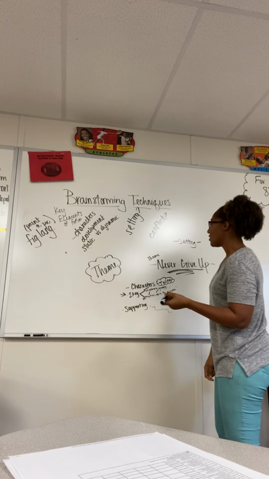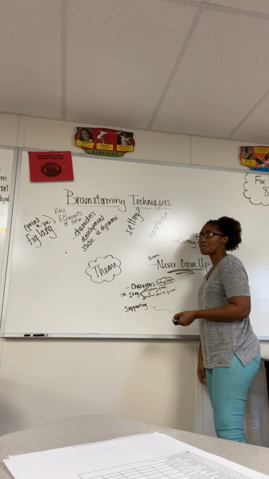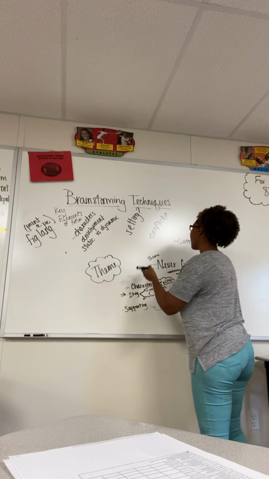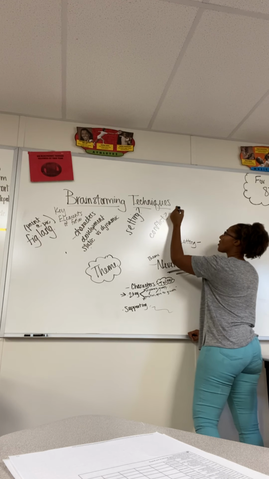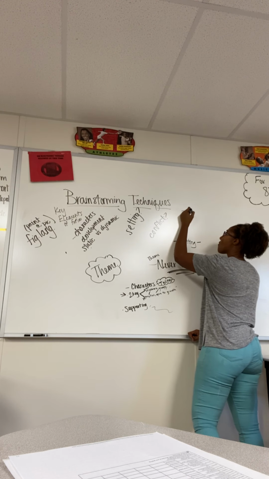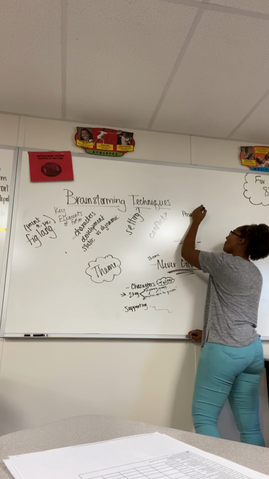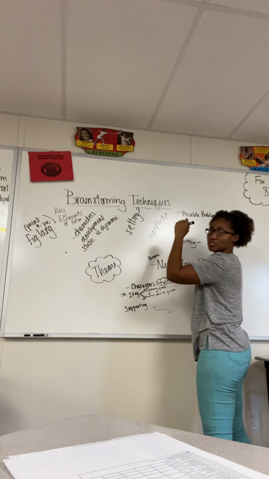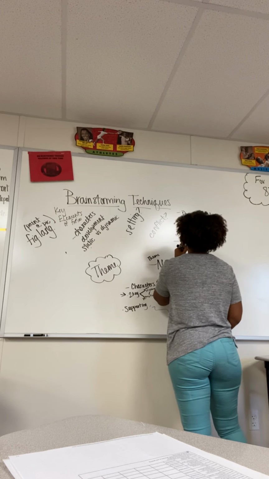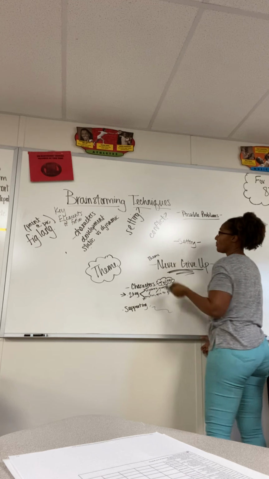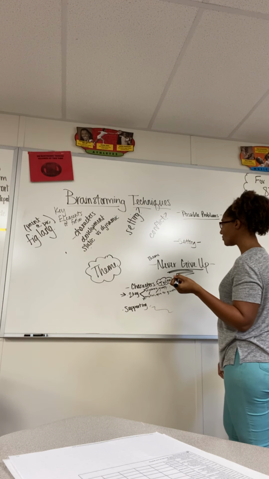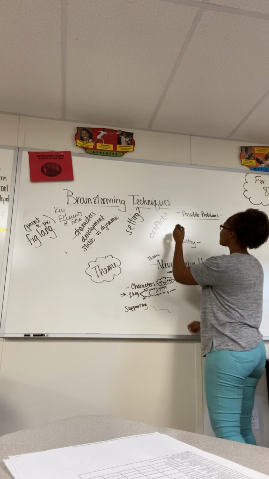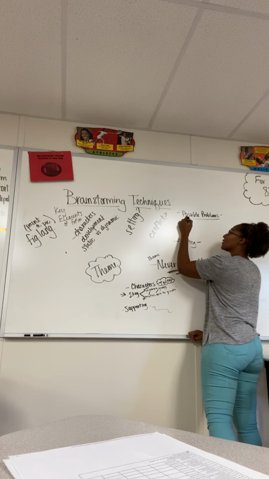And then the conflict. So what will the problem be? Maybe possible problems. I wish I could hear some suggestions from you guys. Okay. So a possible problem might be lost a game.